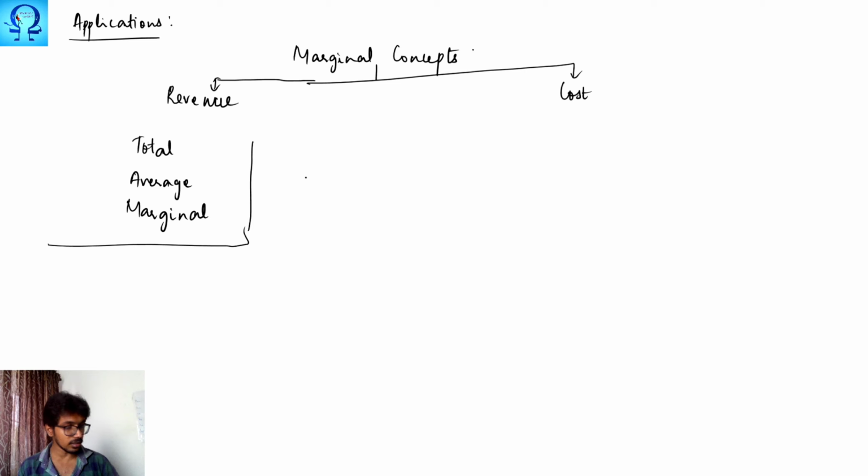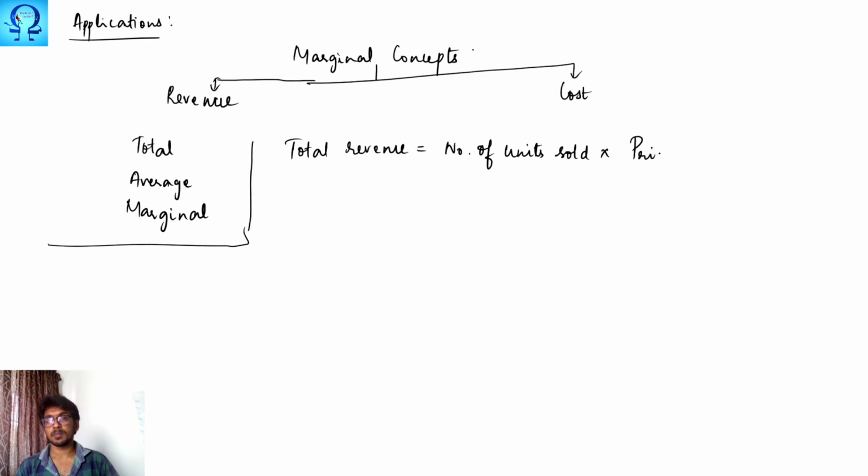Technically speaking, total revenue is the number of units sold multiplied by the price per unit.